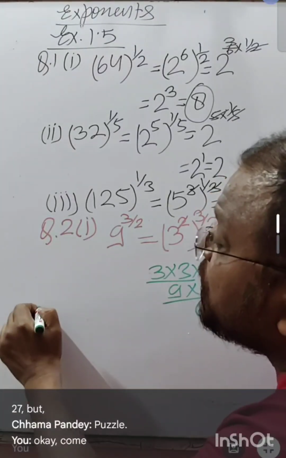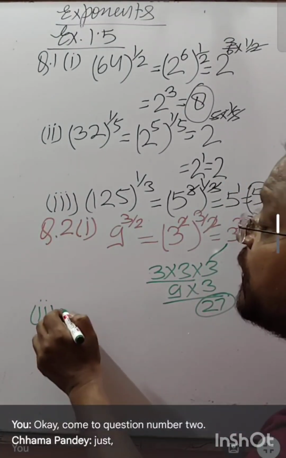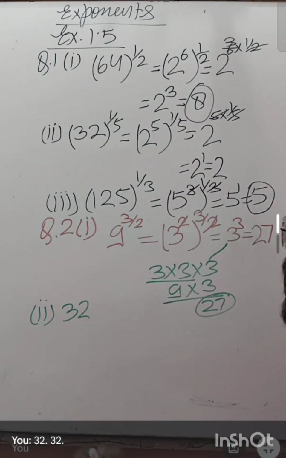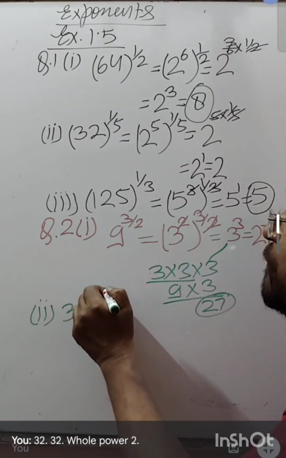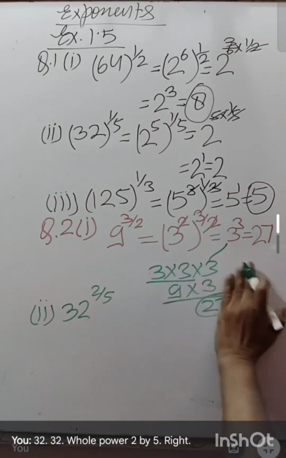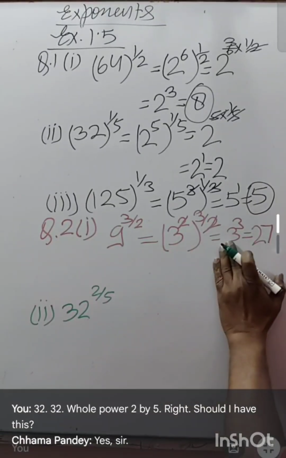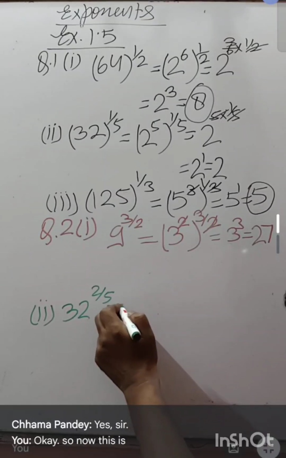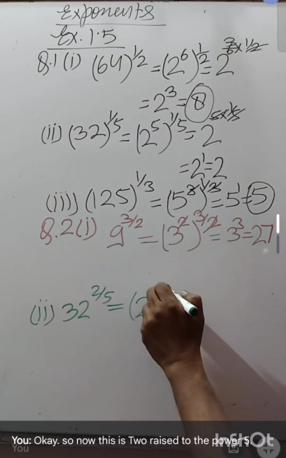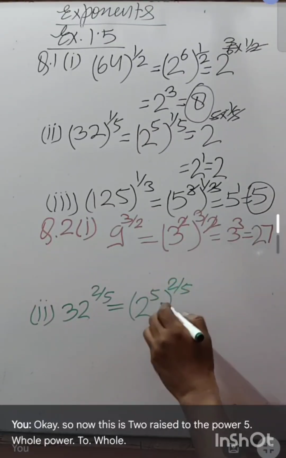Okay, come to question number 2: 32 whole power 2 by 5. Should I rub this? Yes, sir. So now this is 2 raised to the power 5 whole power 2 by 5.